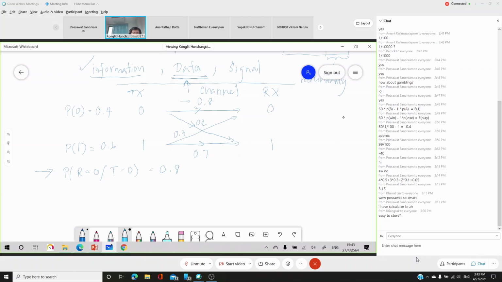And so 0.2 would be the probability of receiving a 1 when we transmit a 0. 0.3 would be the probability of receiving 0 given that 1 is transmitted.